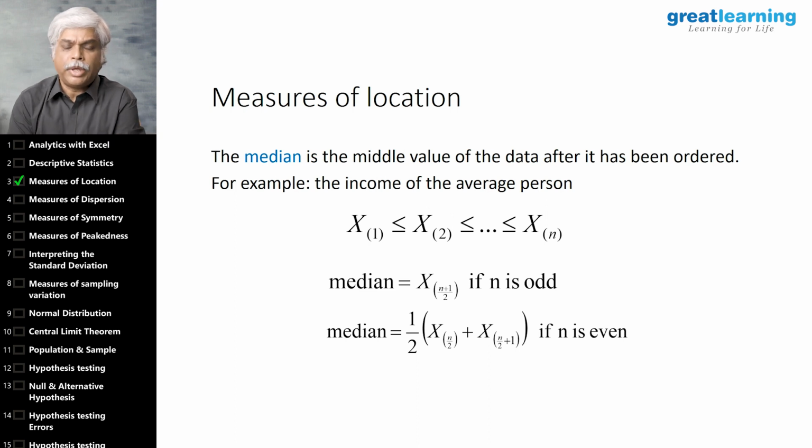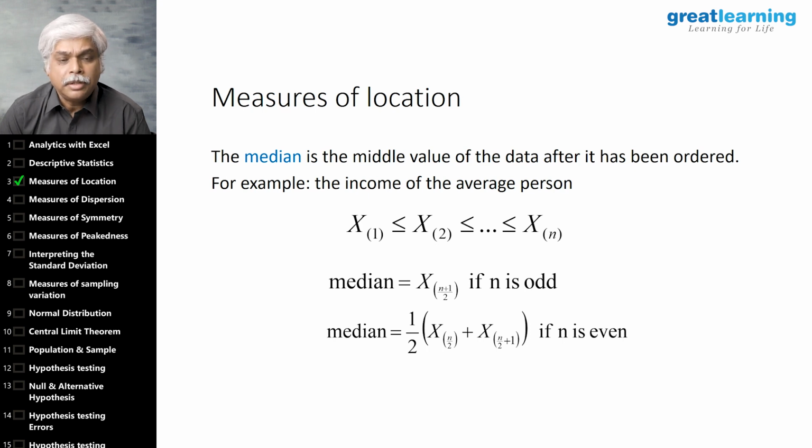A second measure of location to be compared with the mean is what is referred to as the median. The median is the middle value of the data after it has been ordered. For example, we may think of computing the median income.